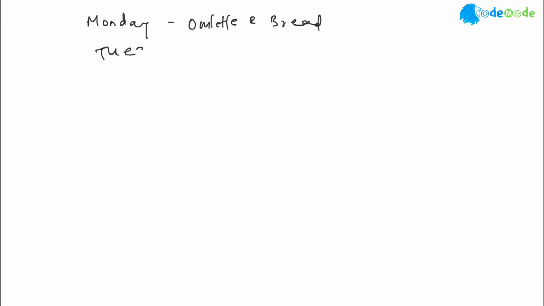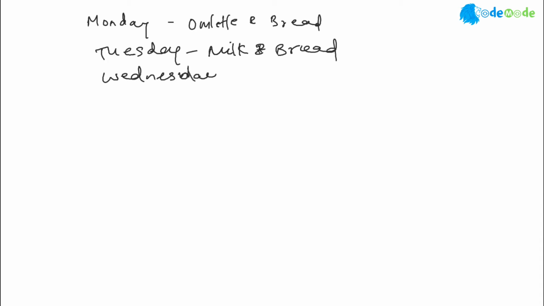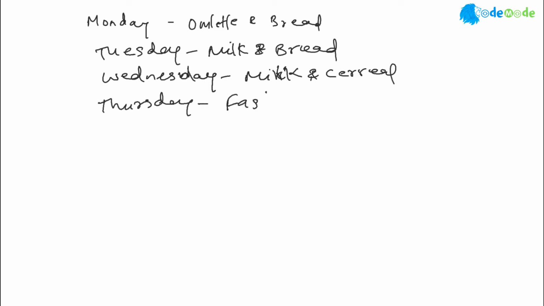On Tuesdays, you take milk and bread. On Wednesdays, you take milk and cereal. Thursday, you do fasting. You skip your breakfast.